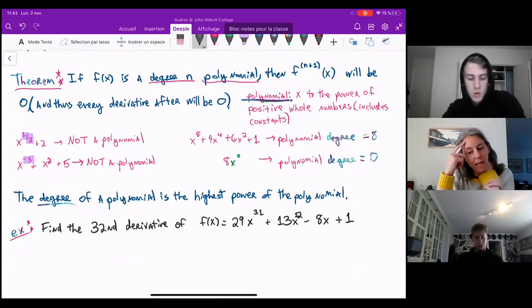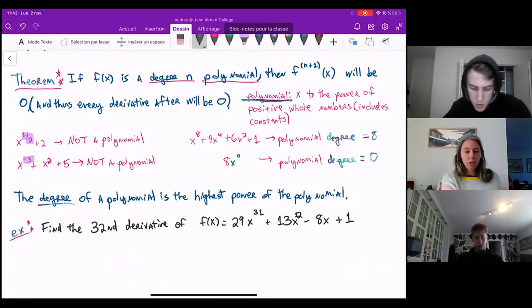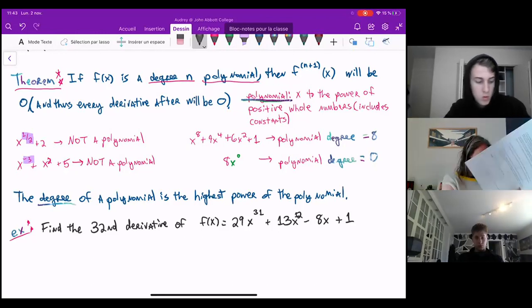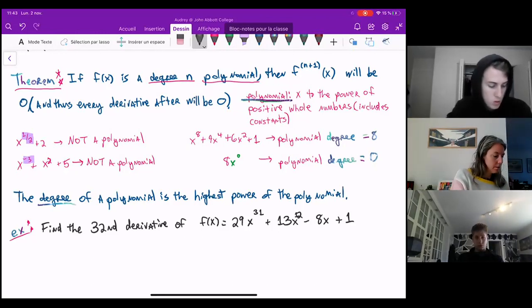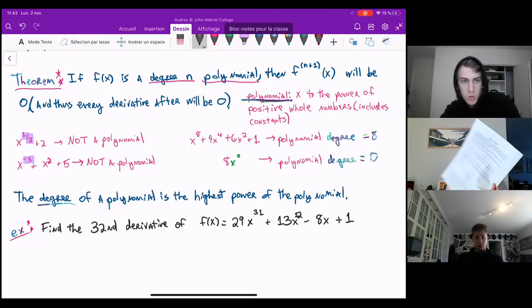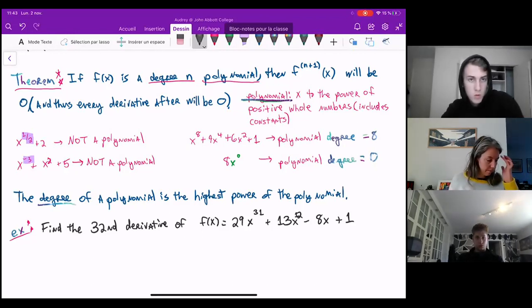So I have 29x to the 31 plus 13x to the 12 minus 8x plus 1. So what's the answer?